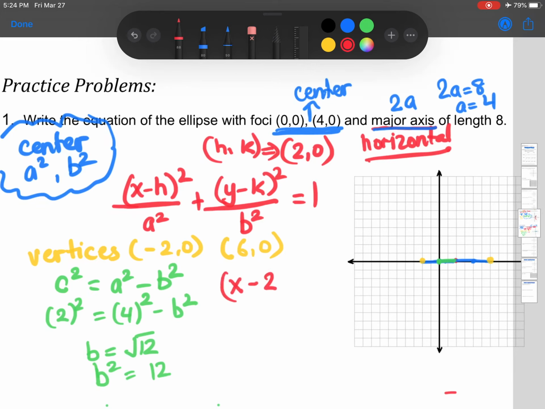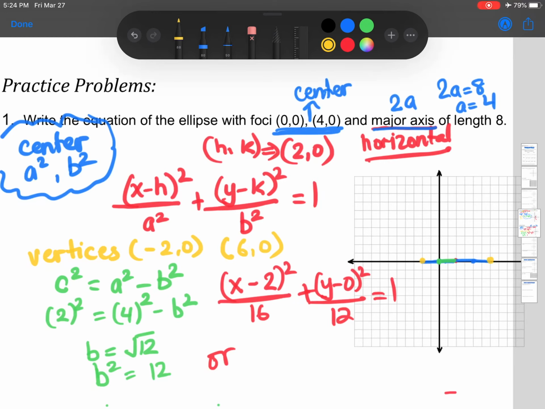(x minus 2) squared over a squared, which was 16, plus (y minus 0) squared over b squared, which was 12, equals 1.